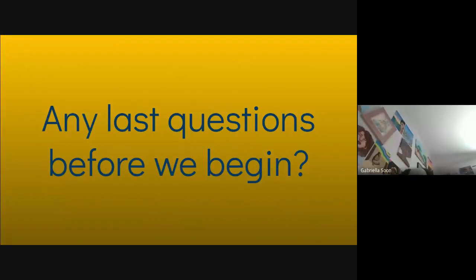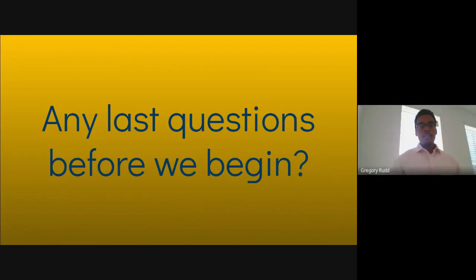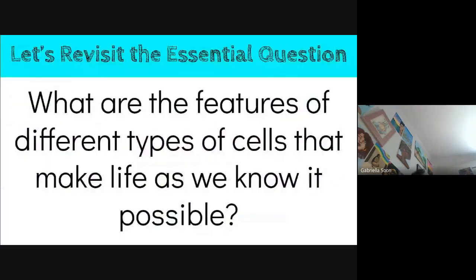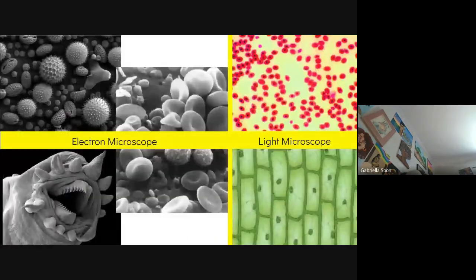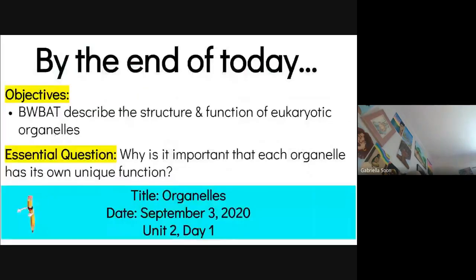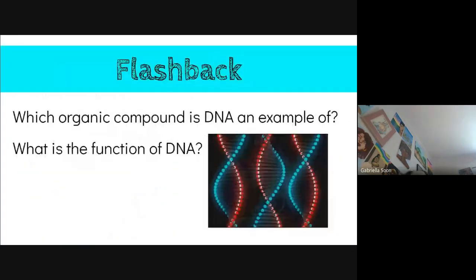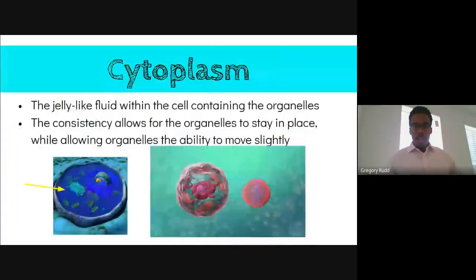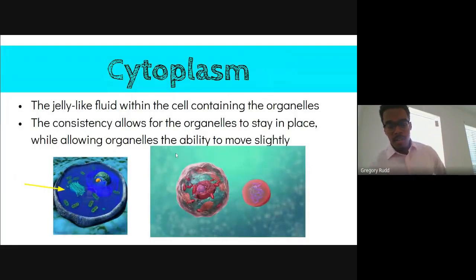What's the difference between the chloroplast and the cytoplasm? Good question. So let me see. All right, so the cytoplasm is basically the pool of liquid that everything is swimming around in.